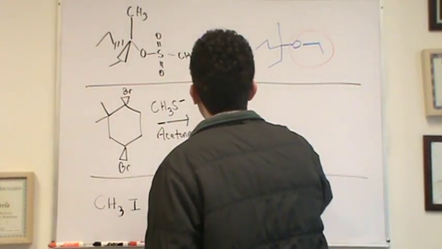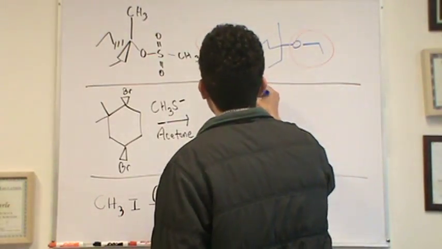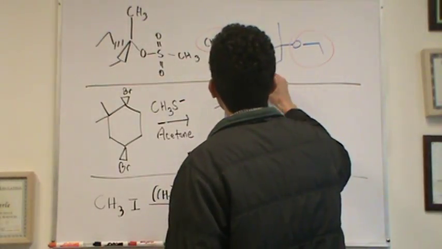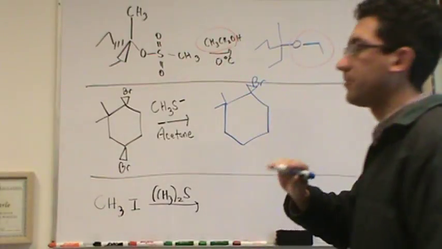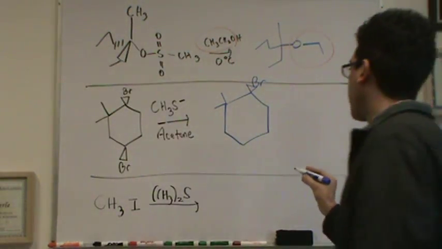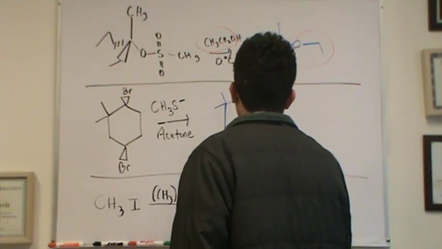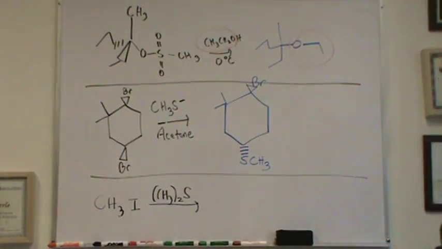So when we draw this out, I'll draw the cyclohexane. We've got the two methyls, we've got the bromine on the top, so that's all the same. It's the bottom that we're going to mess with. Now it's going to be going away from you, so I'm drawing a wedge. I'm going to draw an SCH3 at the bottom, but going away from you because the configuration inverted.